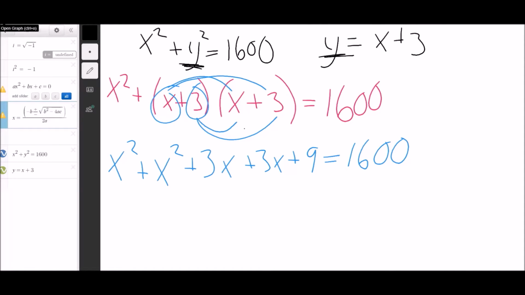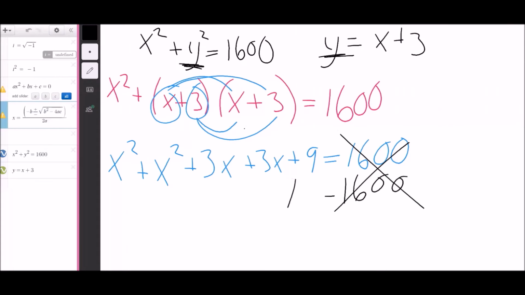So now you're going to subtract 1600 on both sides. You can only go into 9 because 9 is the only term that does not have x. And it's going to cross out.